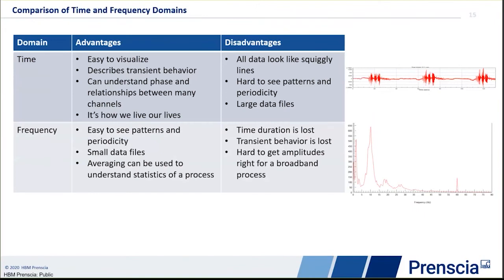So there are differences between the time domain and frequency domain. Sometimes the time domain is advantageous and sometimes the frequency domain is advantageous. The time domain is very easy to visualize, to see how the signal looks.